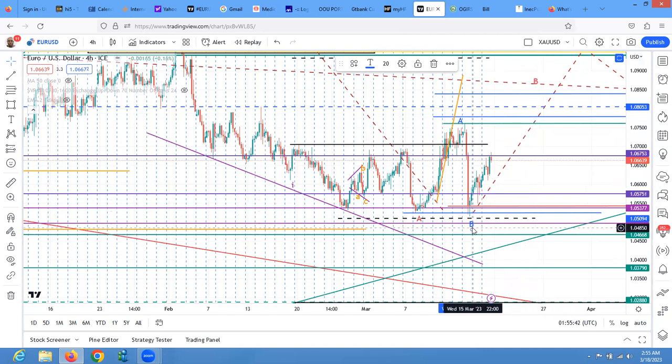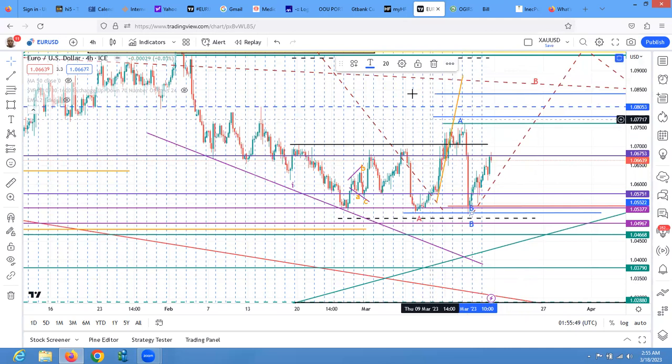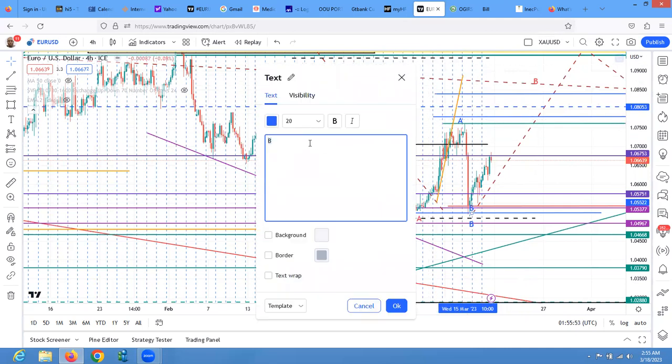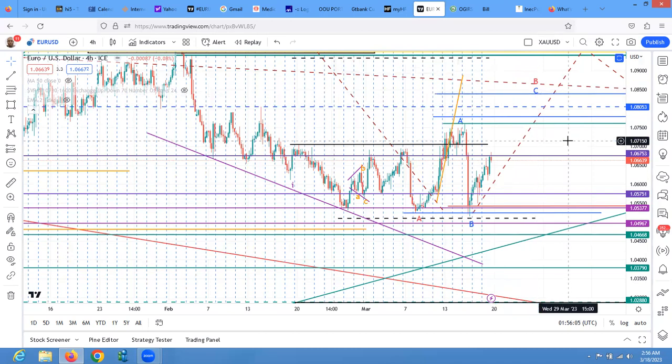But the way it's going, for me, we need to finish a C. That is what I'm saying. I'm not looking at candles alone. I'm looking at structure, because structure will prevail against whatever candle you are seeing.